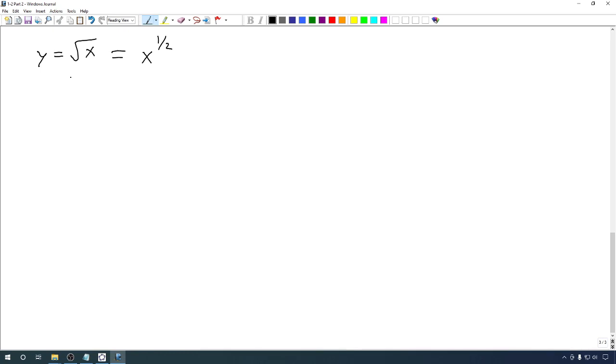If we want to plot this thing, we can use stuff that we've already developed. If we square both sides of this, we can turn this into the equation y squared is equal to x. And this looks very similar to our standard parabola, except the x's and y's have been switched.